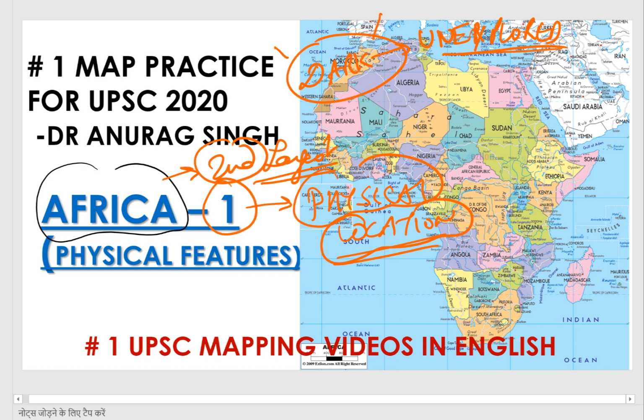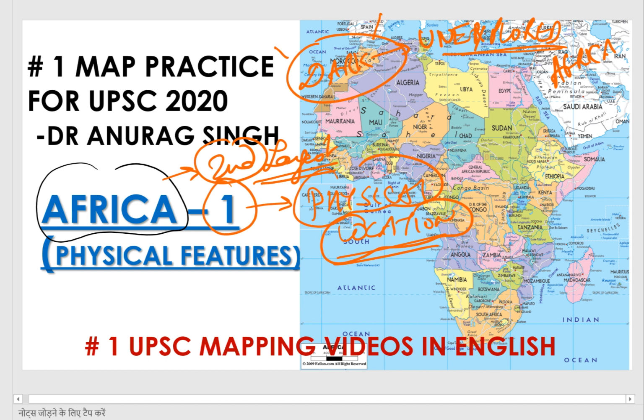In fact, this is the only continent which has not fully been explored or utilized for the extraction of resources. And by default, all the third world developing and underdeveloped countries lie in Africa.